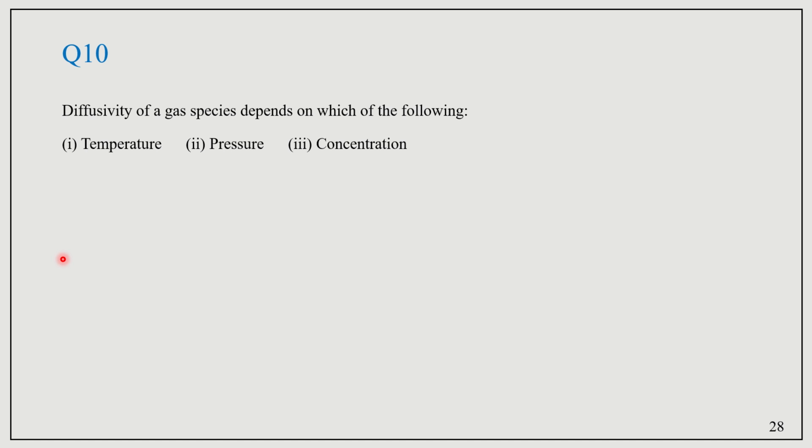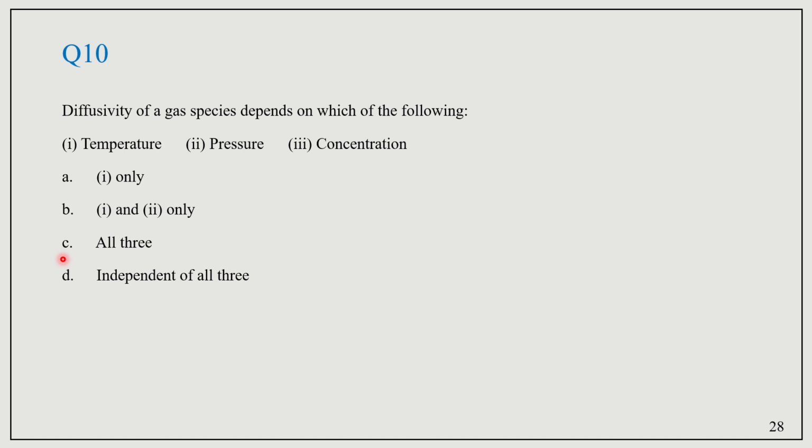So actually diffusivity of a gas species depends on all three. Option A, 1 only. Option B, 1 and 2. Option C, all three. Option D, independent of all three. So actually the answer is option C, that is all three.